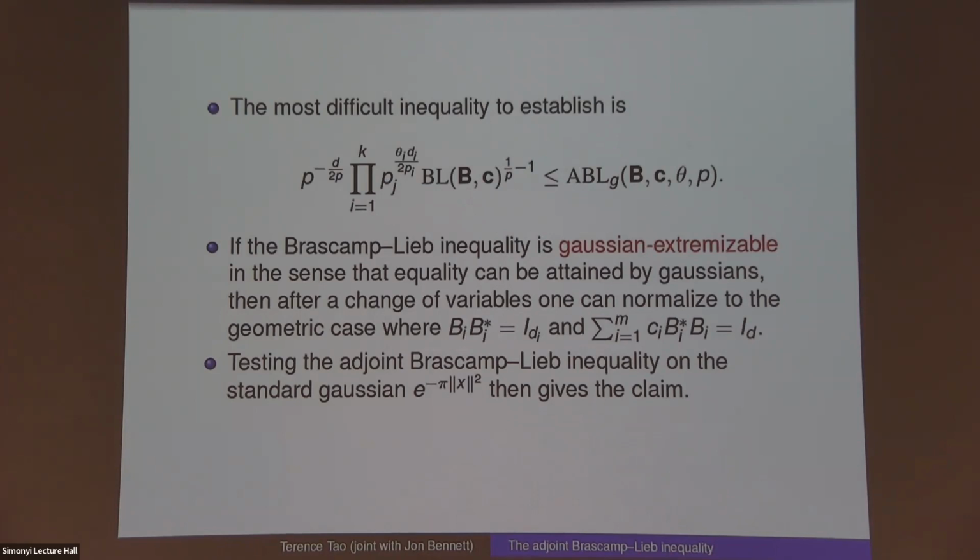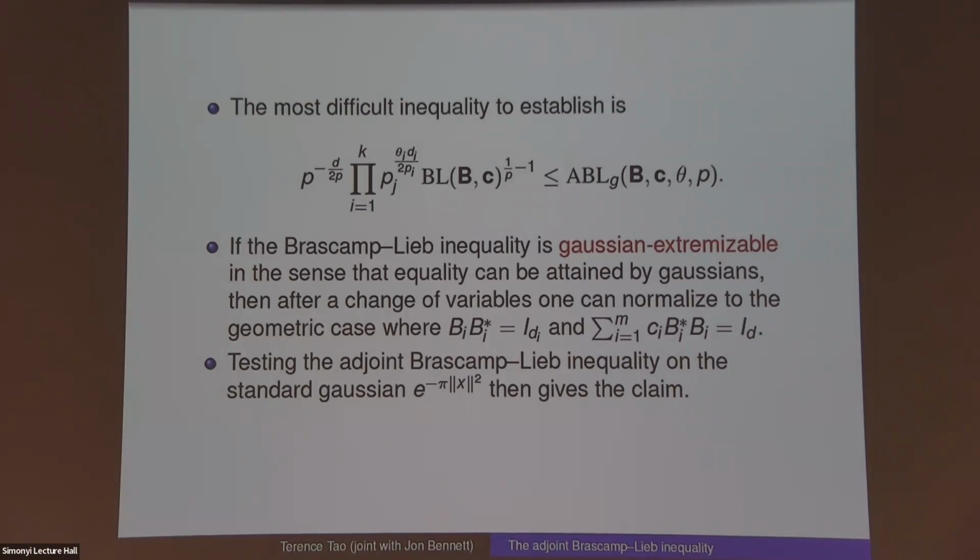And this is easiest in the model case. There's the one model case that people understand pretty well, which is what's called the Gaussian extremizable case, where we understand Brascamp-Lieb inequalities quite well when there's some choice of Gaussians that make the inequality attain equality. Then you can normalize all the Gaussians to be standard Gaussians with covariance matrix identity.